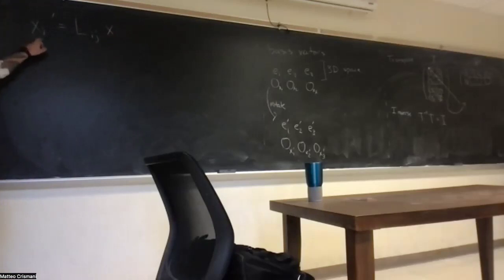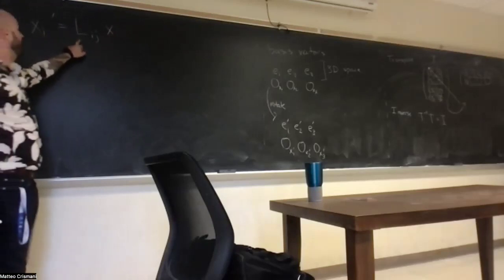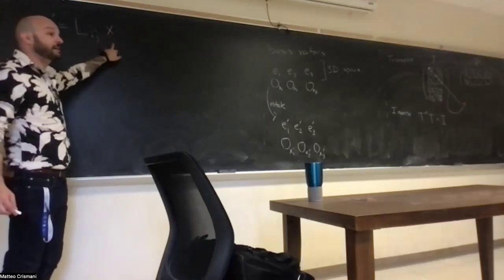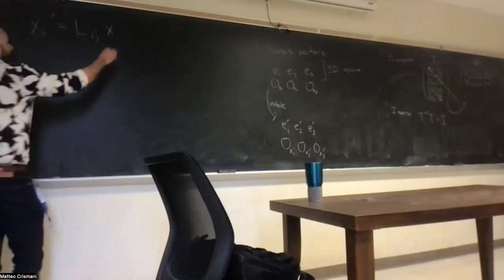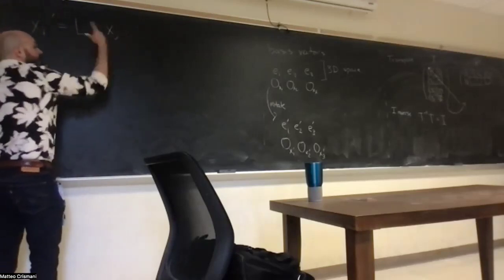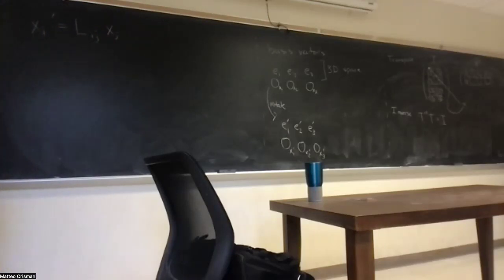Well, this is xi prime equals Lij x what? j. Why does it have to be j? Exactly. Because these are your dummy indices and they don't exist. Indices always have to match up on the left-hand side and the right-hand side, or what you've written is nonsense.